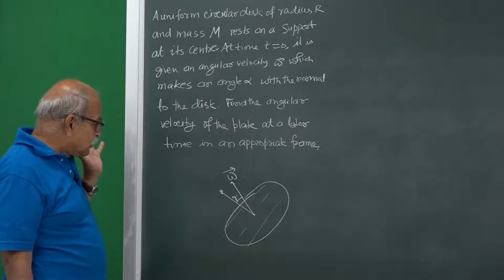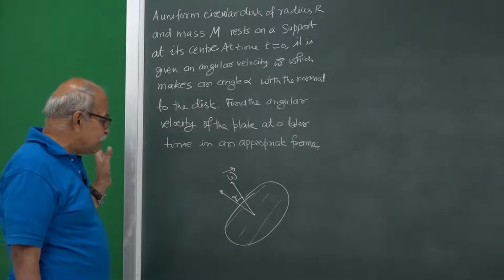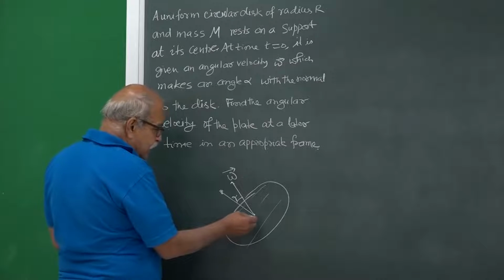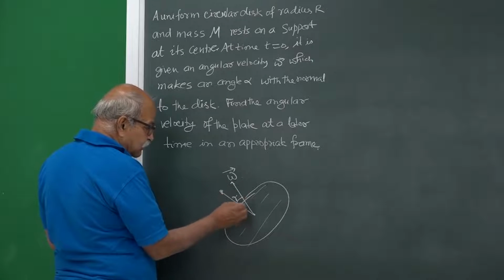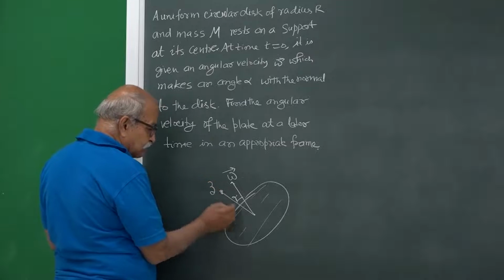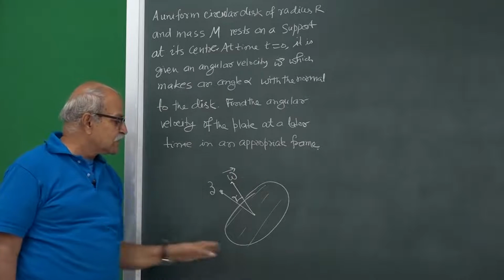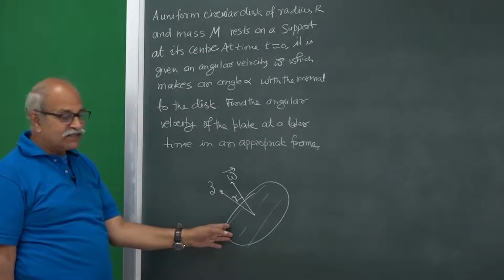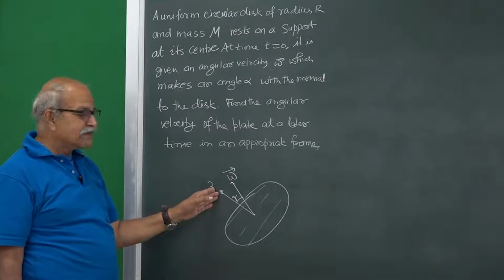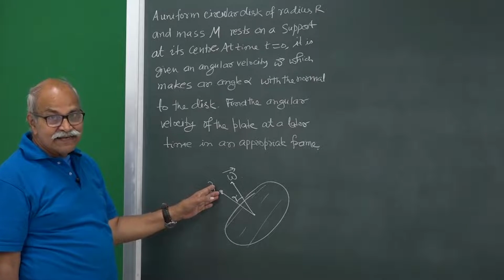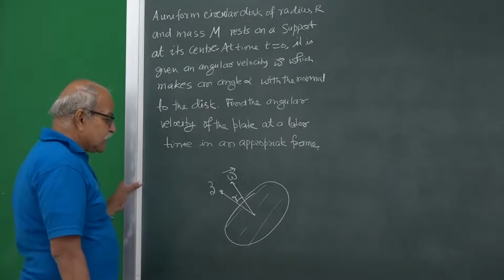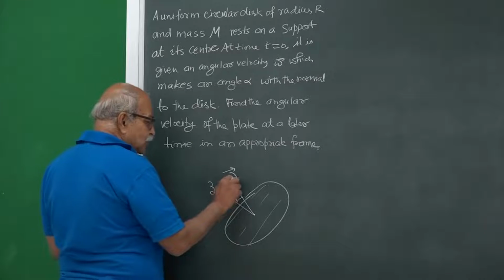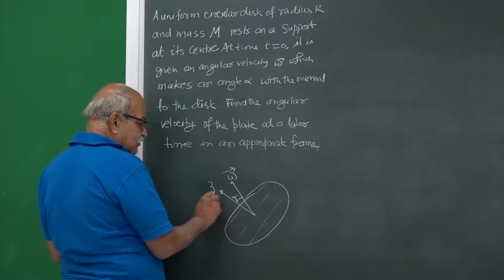So, let us choose a principal axis frame which is fixed in the body, and we choose our 3 axes along this, because it is a circular disc. So, any diameter, any radius gives you a principal axis direction, and perpendicular to the disc is also a principal axis direction. So, this is 3, and at t equal to 0 you know what is omega and what is this 3.